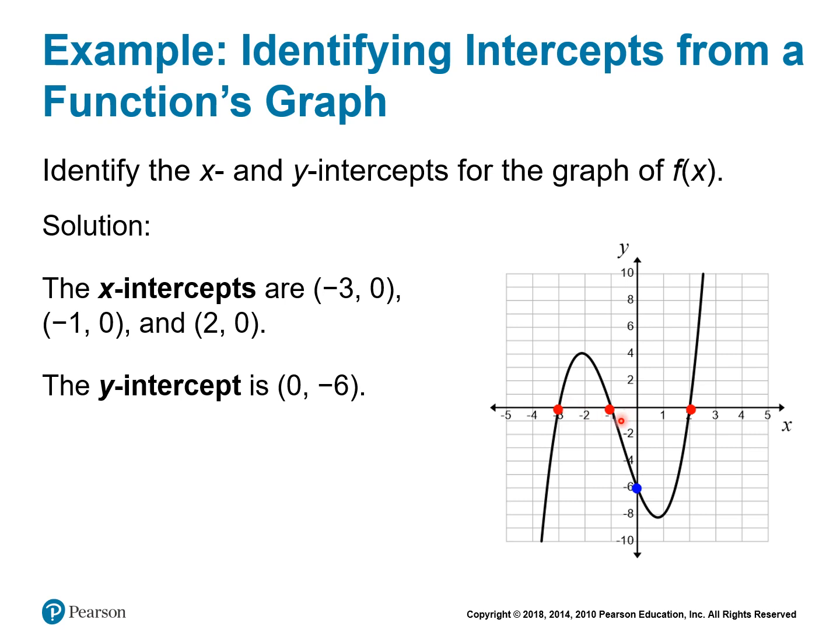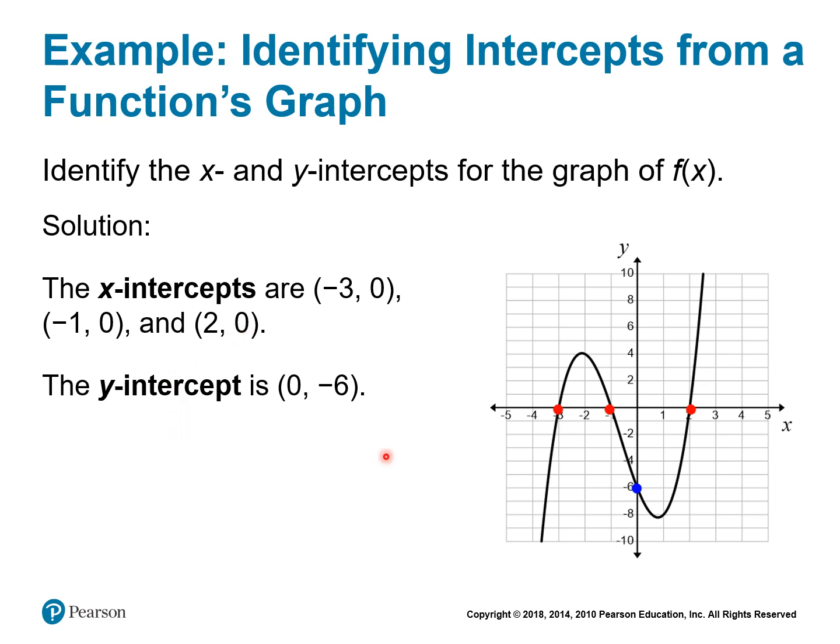The next one is at x equals negative 1. So when x is negative 1, y is 0. All x-intercepts, no matter what the x values are, will have a y value equal to 0. That's going to be true always. The third x-intercept is at x equals 2, y equal to 0.